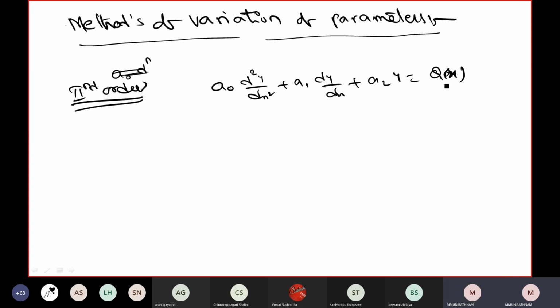Next I will also explain third order. This is a particular procedure that we should follow in this method. Write down the procedure.